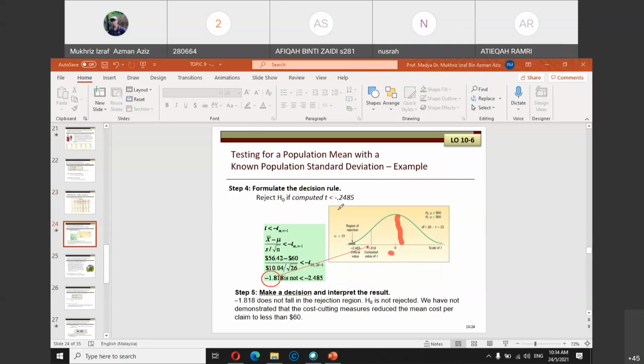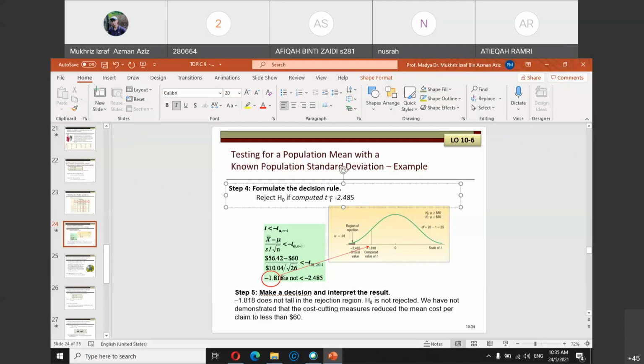So you need to put negative 2.485, not positive. If you end up just writing 2.485, it's wrong. So you need to write reject H0 if calculated T is less than negative 2.485. This will be the correct way to write down your step number 4.